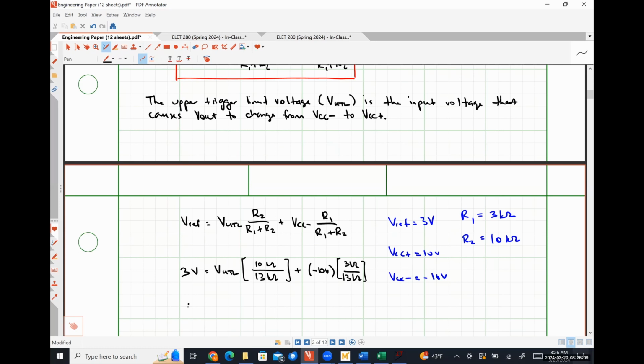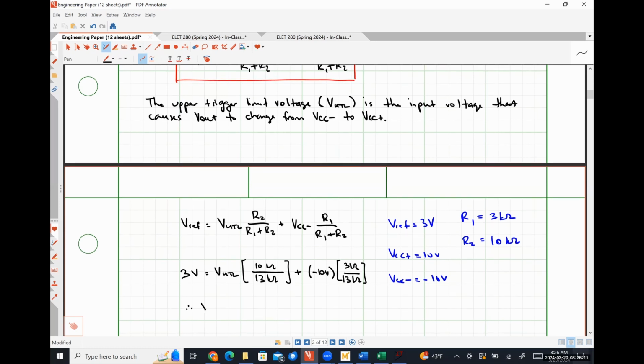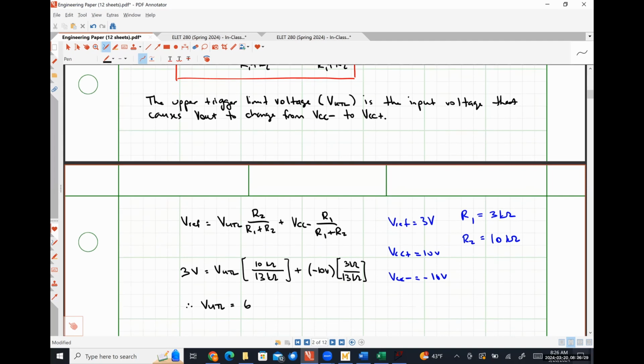And we can throw that into our one equation, one unknown numerical solver, or do a little bit of algebra either way. And what we should find is that our upper trigger limit voltage should come out to be 6.9 volts.